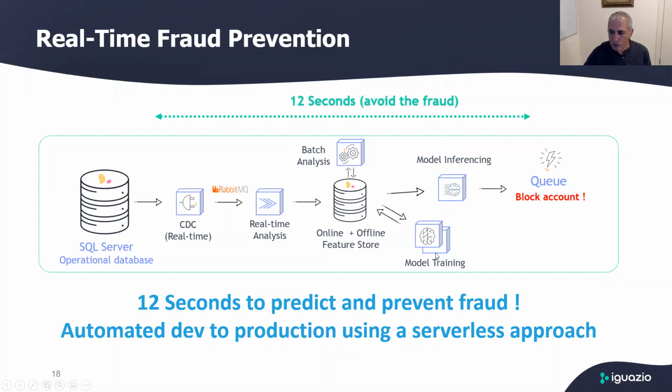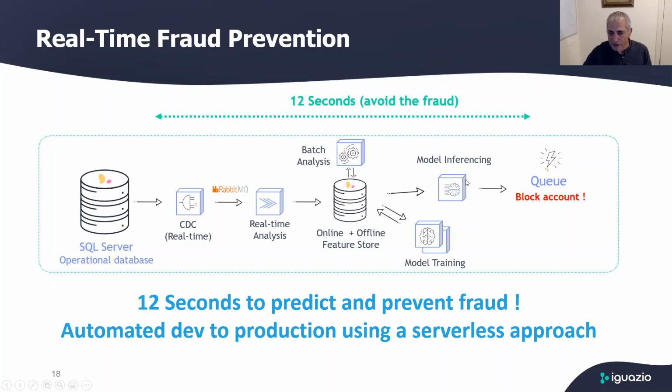Training will be invoked regularly to keep the model up to date and generate the model. And then every time there is an event, there is an inferencing function that is getting called with the up-to-date feature vector, which includes aggregations of all the previous transactions, when it was doing this kind of transaction before, going to a certain merchant versus other merchant. There are all sorts of statistics generated here.